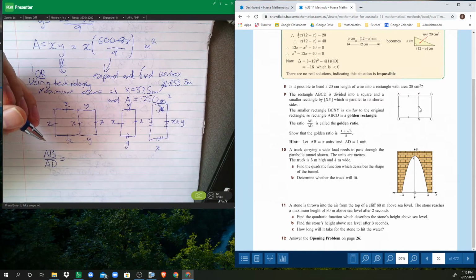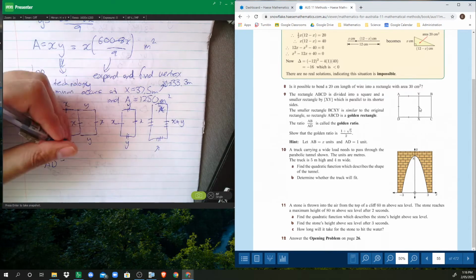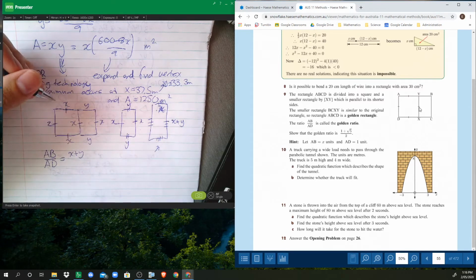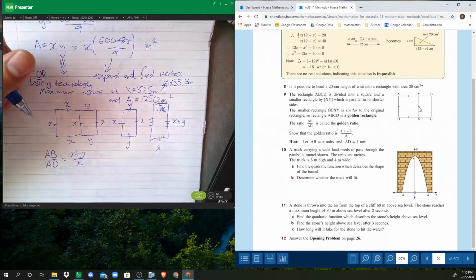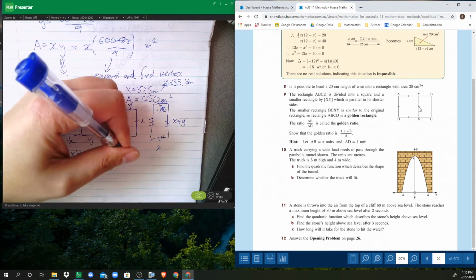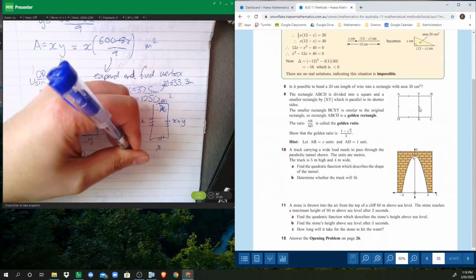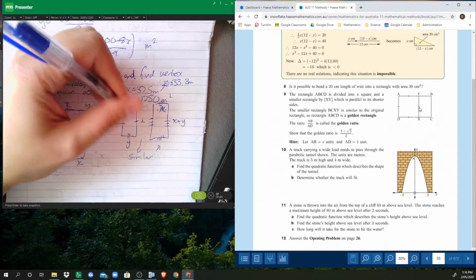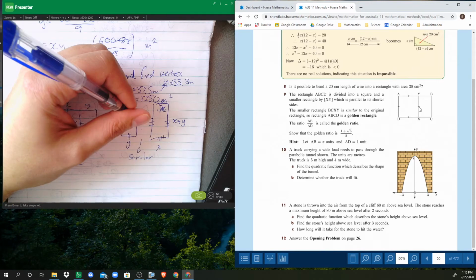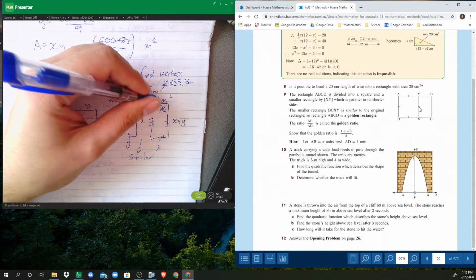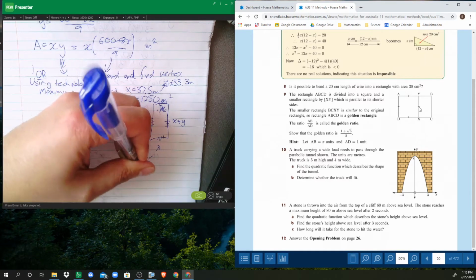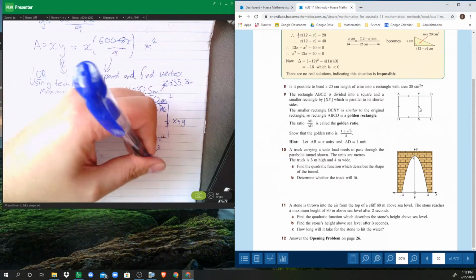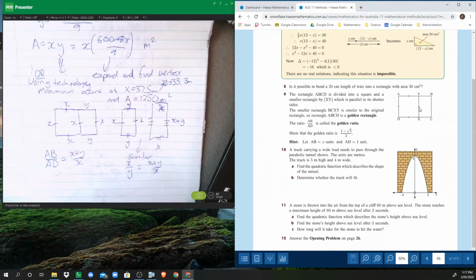In my drawings, this is X plus Y over X. But because these are similar, the similarity means I can divide things in ratio. So Y divided by X is, actually, I'll do it the other way. I do X divided by Y equals X plus Y divided by X.